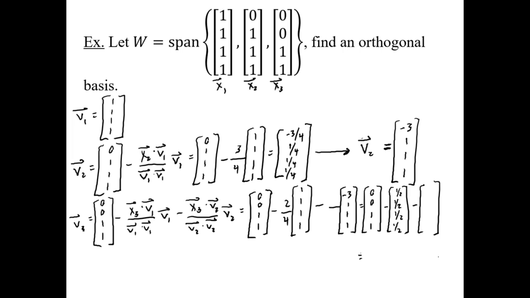So x3.v2 would be 0 plus 0 plus 1 plus 1, which is 2. That was correct. And then v2.v2 would be 9 plus 1 plus 1 plus 1, which would be 12. Okay, I feel better about this. So if I bring in the 1/6, we get negative 1/2, 1/6, 1/6, 1/6. Okay, I'm feeling better about this.